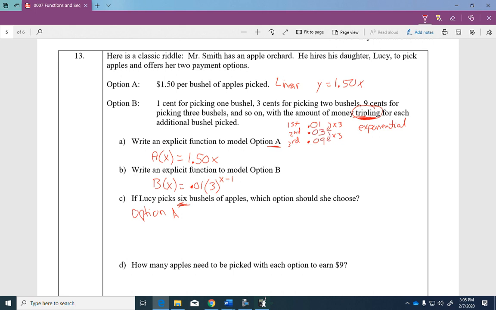So what we can do is make some kind of table that indicates everything. So I'm going to write number of bushels here. I'll call this A of X, and that's clear since that's what I called it in part A. And I'll call this one B of X. And remember, A of X is like the money earned, and B of X also. So picking 1 bushel, 2.